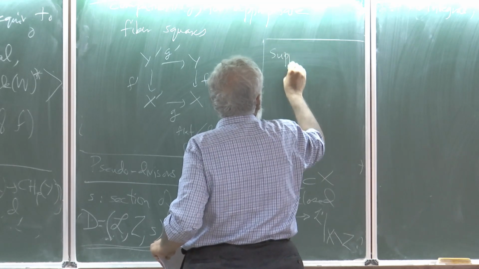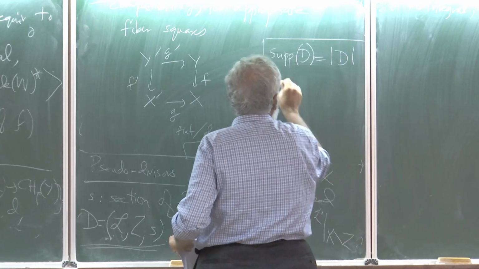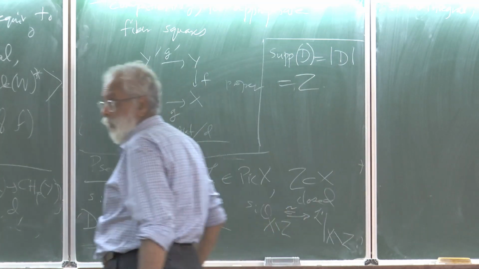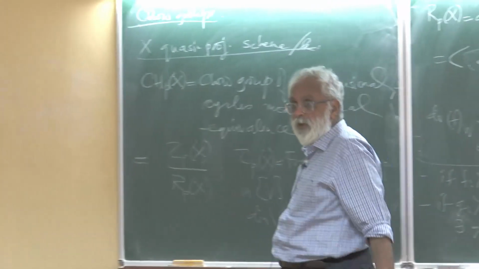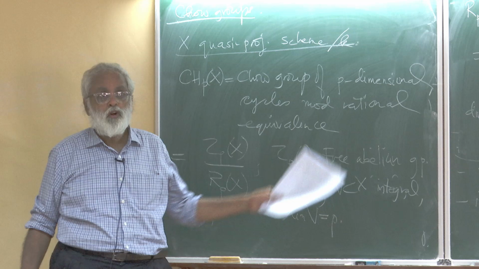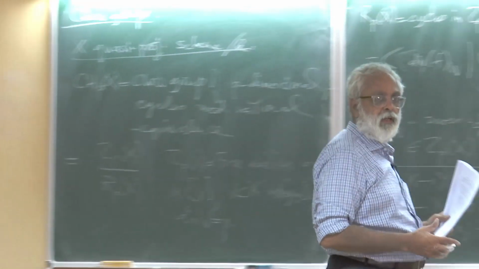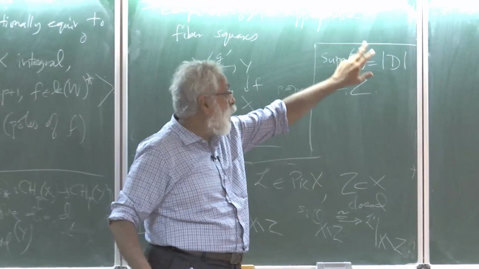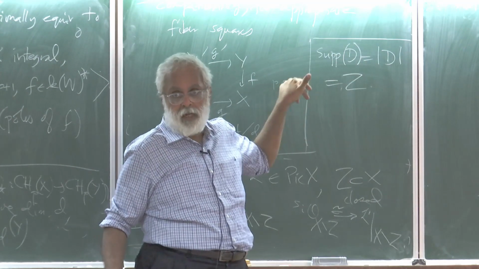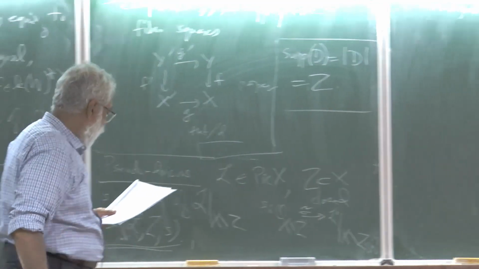Support of D, which I'll write this way, is just the same Z. Why bother with the separate notation? Sometimes I may not have given the Z explicitly. The pseudo divisor might have been constructed by some process. There will be some underlying Z, whatever it is. I haven't given it a name. But if I want to talk about it, I just put mod D, and that means the underlying Z. Okay.